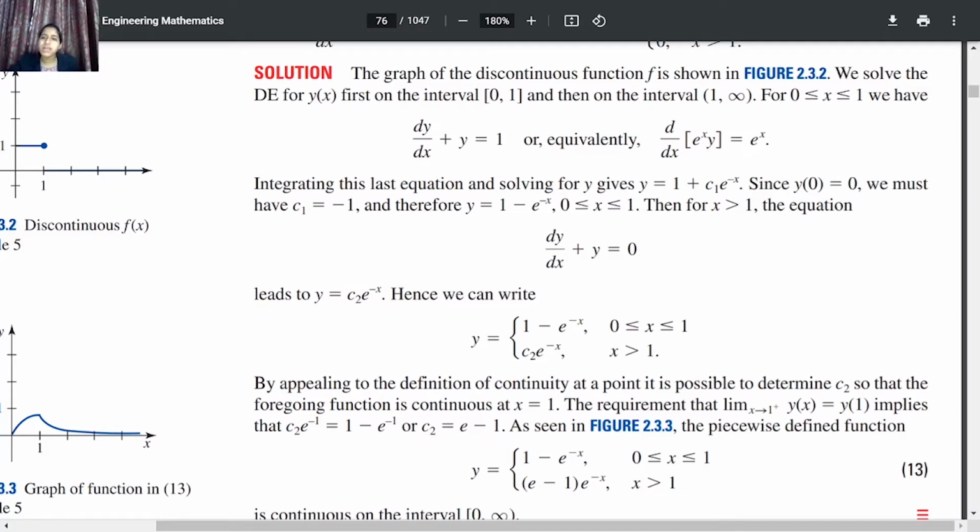And just take care that if it is an initial value problem, as in this case, the interval in which the initial value lies is the one corresponding to which we will be able to determine the constant. Otherwise we have to consider the continuity of the solution and find the integrating constant. So once we do more examples, the concept will be a little bit clearer.